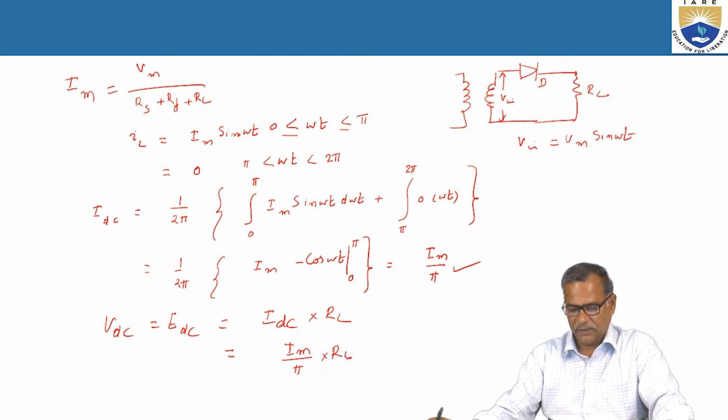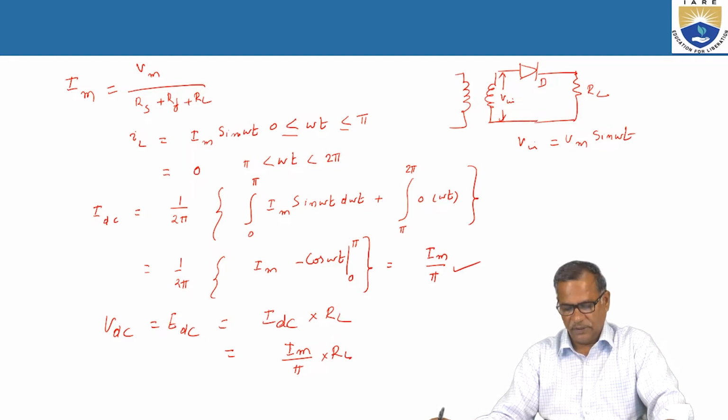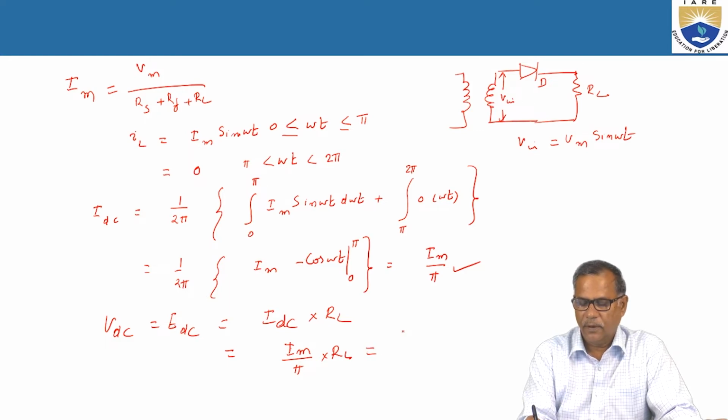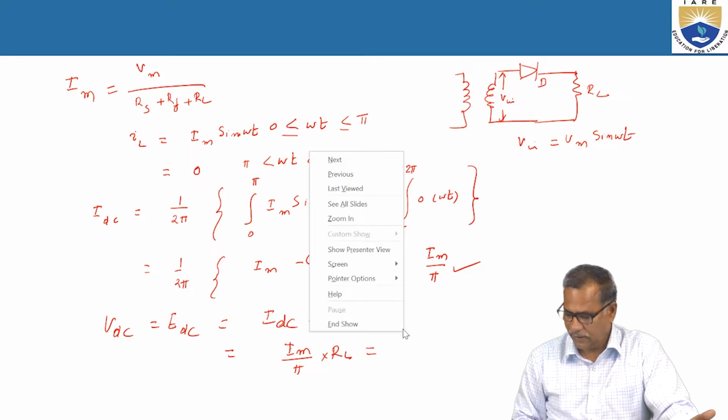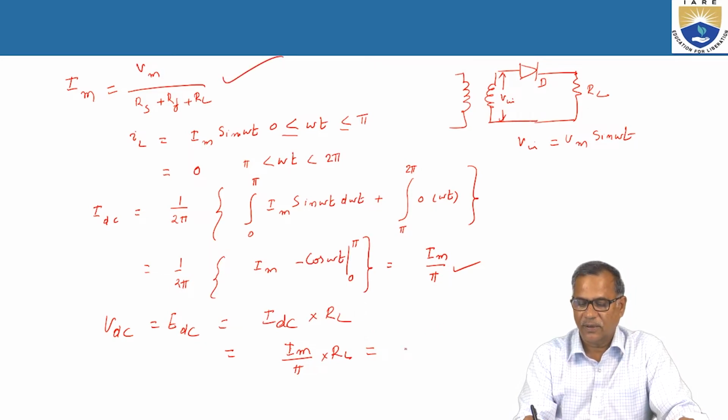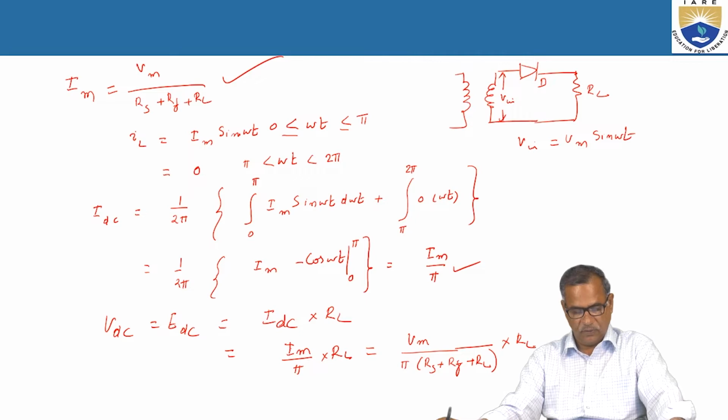That is the average value of the DC voltage. What is Im? We have calculated Im as Vm by Rs plus Rf plus RL. So VDC is Vm by pi times RL divided by Rs plus Rf plus RL. So this is the average DC voltage.